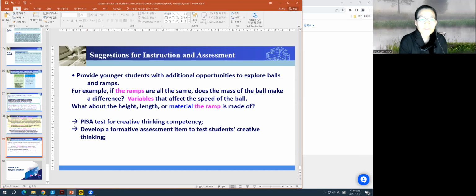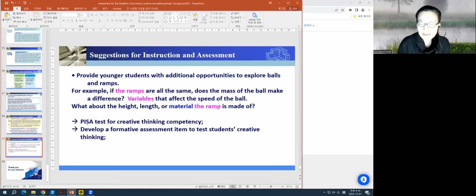For example, if the ramps are all the same, does the mass of the ball make a difference? Depending on the mass of the balls, what would be the ending speed of the balls? What are the variables that affect the speed of the ball?